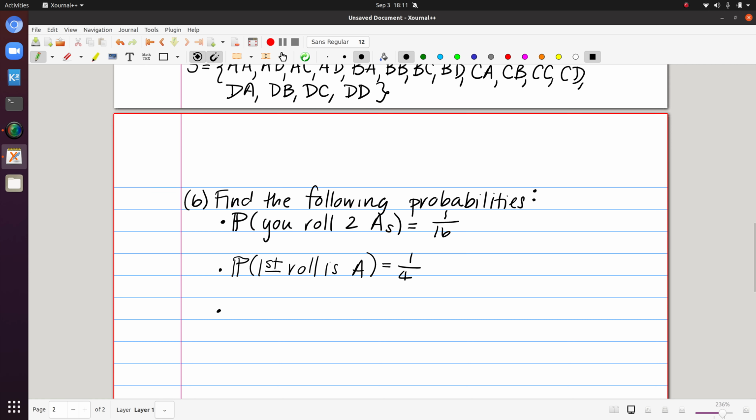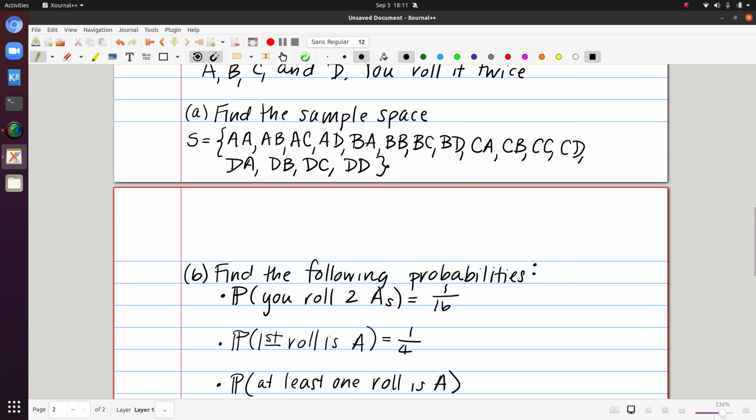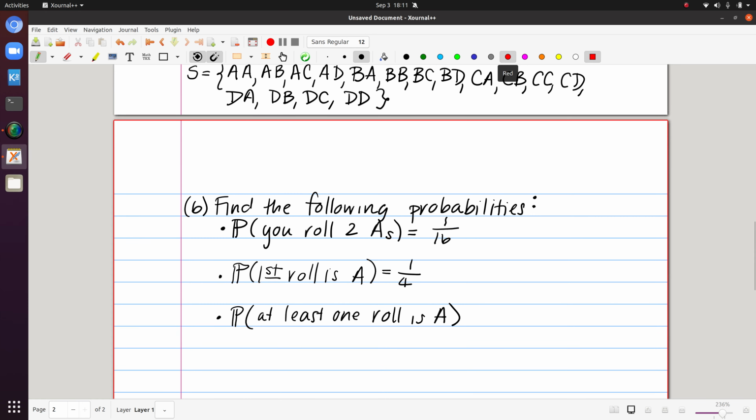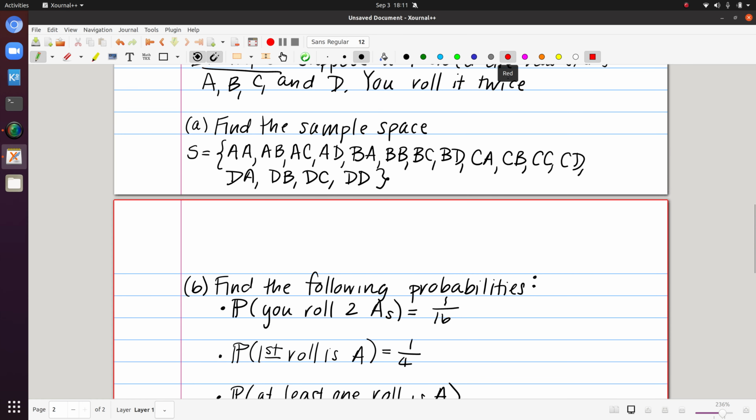Then if I talk about the probability that at least one roll is A, this is a little bit more complex. Again, if I come back to my sample space here, I can consider of all of the 16 outcomes, which ones satisfy what's being described. So I'm looking for every outcome that has an A in it. So I have the same 4 that I identified in the last event, but I have more than that.